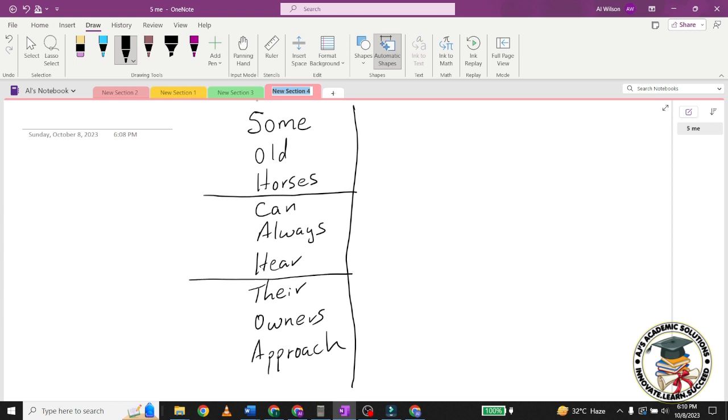With our first letter, for some, is S. We're going to make use of an equal sign, and then the first letter of old is O, the first letter of horses is H. So this is our first one. There's something else I'll need to add in, but I just want you to remember that part for now.